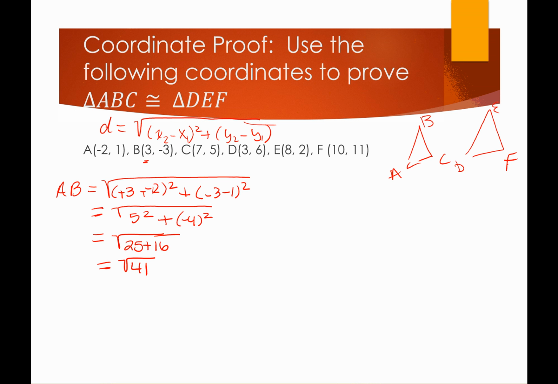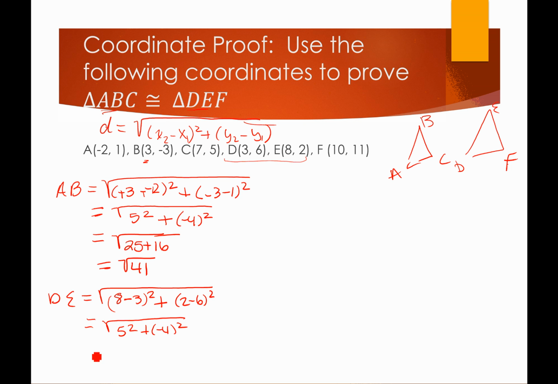So AB, according to our statement, should be congruent to DE. So if we take DE and we plug everything in, if I take 8 minus 3 squared plus 2 minus 6 squared, I know that that's going to give me 5 squared plus negative 4 squared, and that's exactly what we had up here.